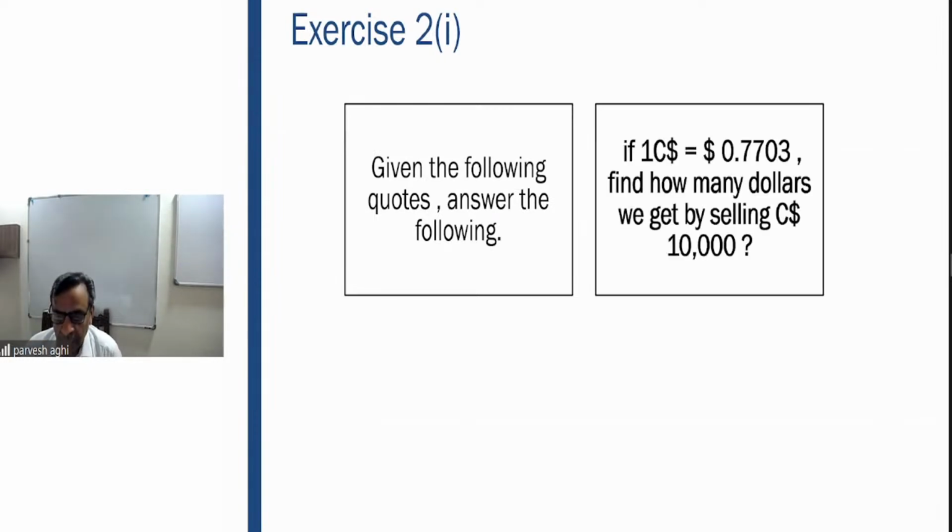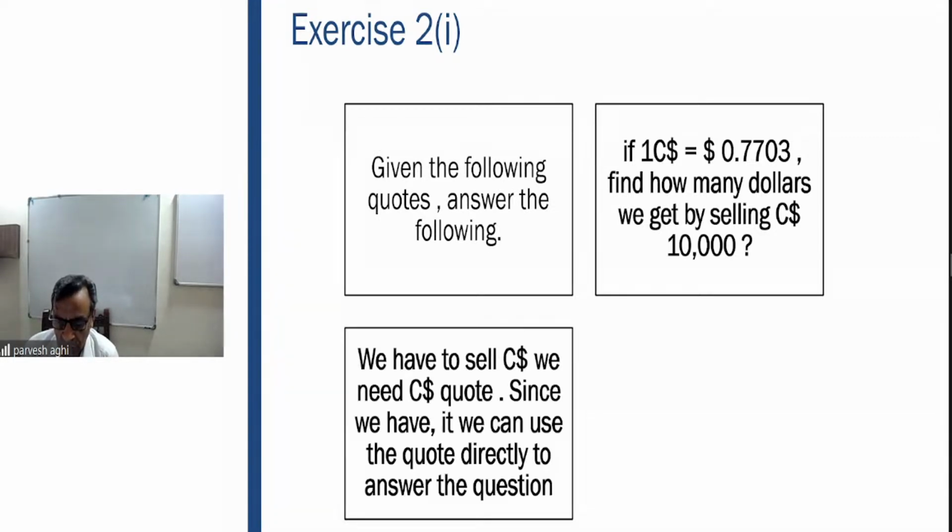If 1 Canadian dollar is equal to 0.7703 dollars, how many dollars do we get by selling 10,000 Canadian dollars?